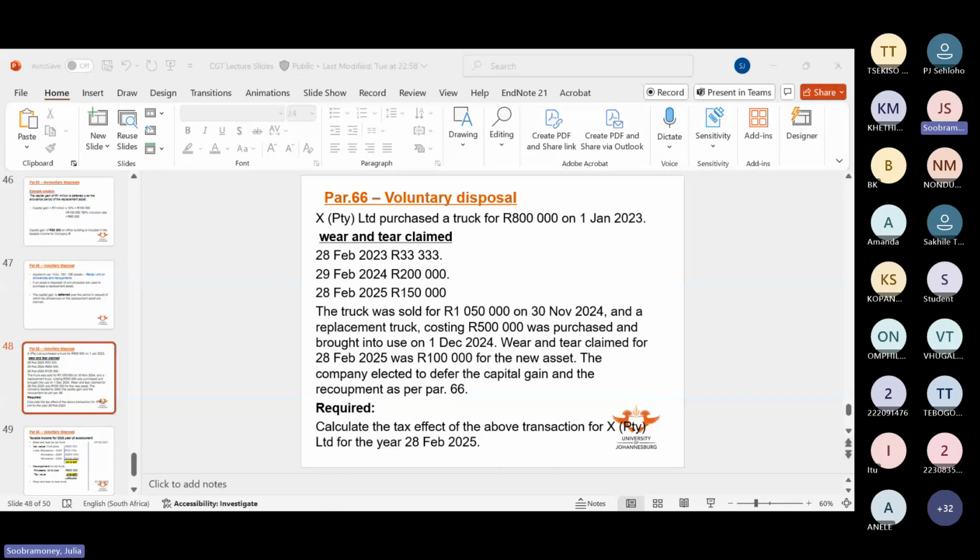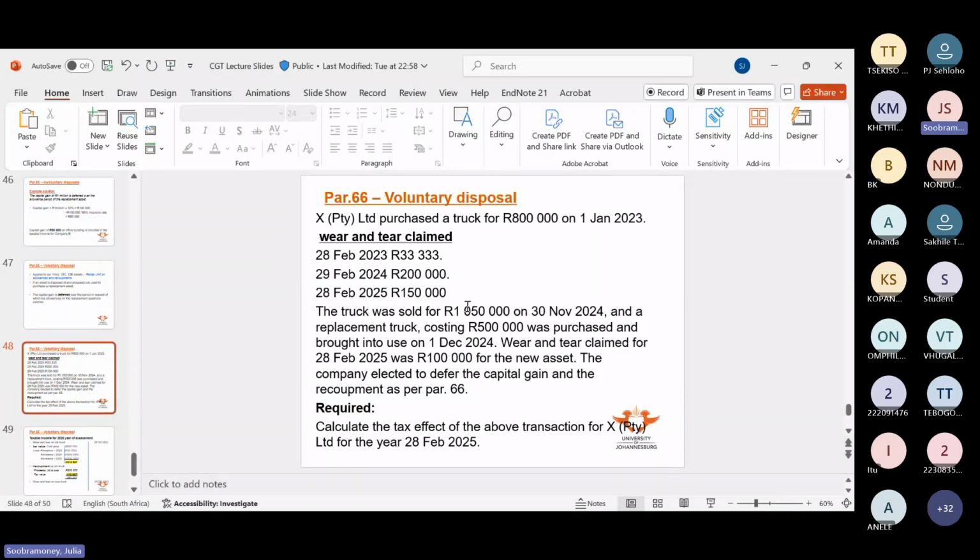So very important, now that we know that it's a post-valuation date asset, if I'm going to sell it, my base cost is going to be simple. I don't have to go and select the greater of all those three things. I can ignore that. Then it tells me wear and tear that I claimed from February 2023, I claimed 33,333. In 2024, I claimed 200,000. And in 2025, I claimed 150.